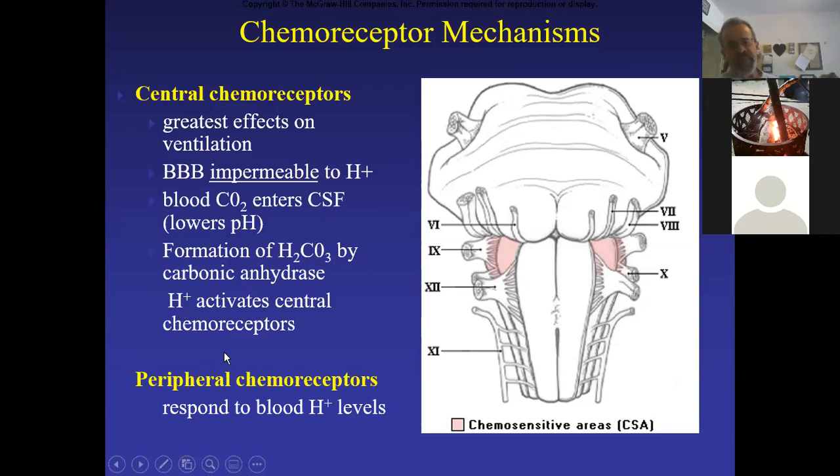So the end result is that they're both responding to hydrogen ions. The way they do it is different. These chemoreceptors pick up hydrogen directly from the blood. Here, the hydrogen can't cross the blood-brain barrier, but CO2 does, and then it's converted to carbonic acid. And the end result is the same.